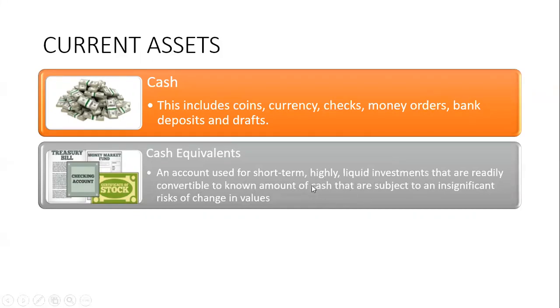So meron 3-month rule that are subject to insignificant risk of changes in value. So usually, to be considered as cash equivalent, these are investments that are convertible into cash within 3 months. So ang tawag sa kanya is cash equivalents.